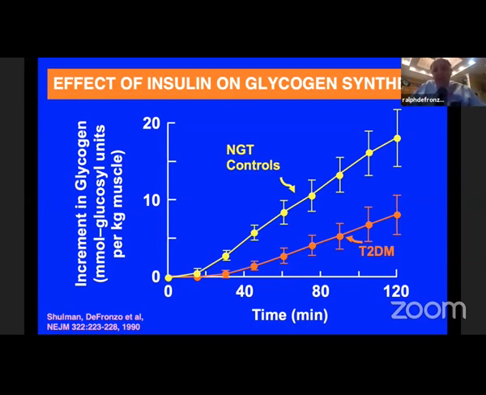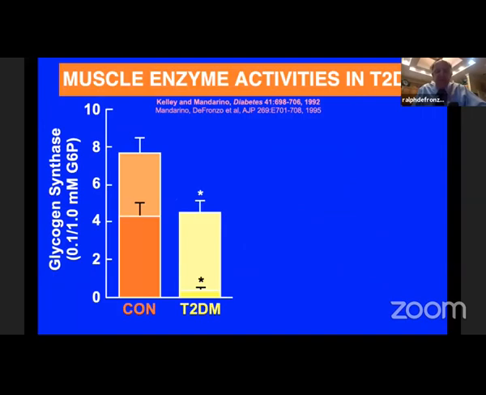The control subjects are shown in yellow, and you can see there's a quite steep linear rise in the incorporation of C13 glucose into glycogen in muscle. In contrast, the type 2 diabetics, shown here in orange, have about a 50% decrease in the incorporation of glucose into glycogen. So from the whole muscle level, there's clearly a huge defect in muscle glycogen synthesis.